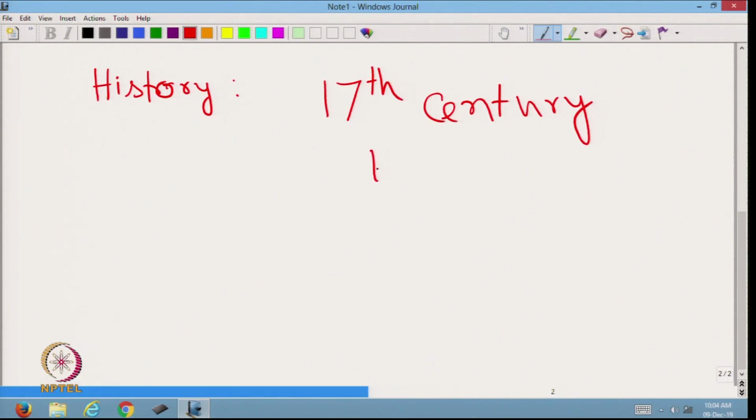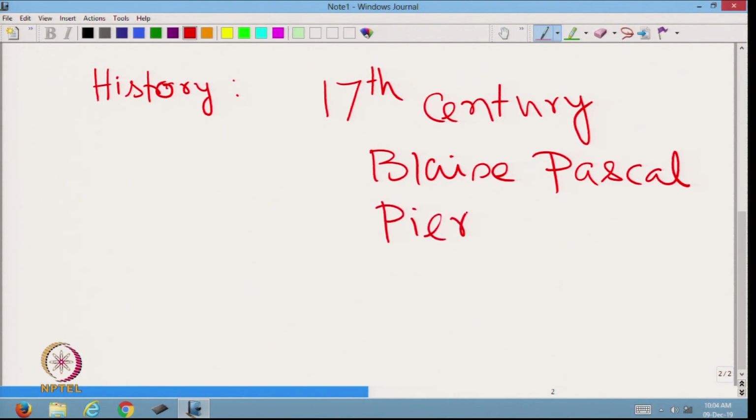People like Blaise Pascal and Fermat started using the concept of probability.